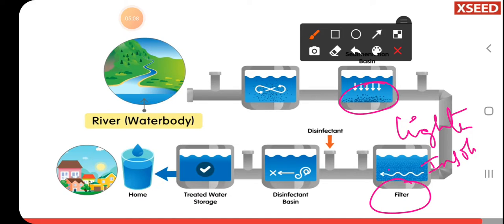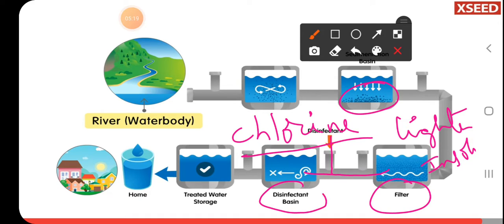Once the filtration is over, we add disinfectants like chlorine. When you add a disinfectant like chlorine, that process is called chlorination. In the disinfectant basin, we add chlorine which kills the germs present in the water, and then such fresh water goes to the water storage tank, and then it is supplied to the homes.